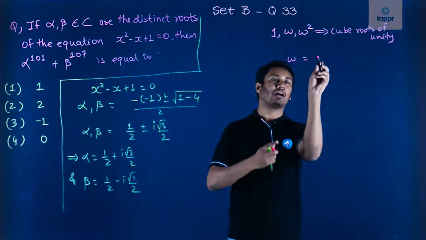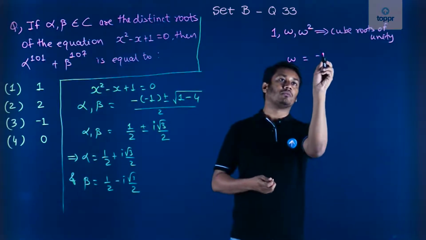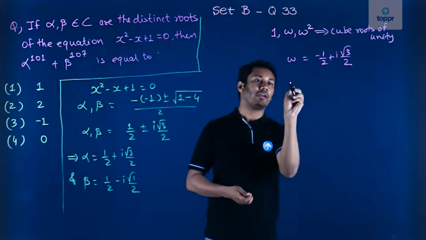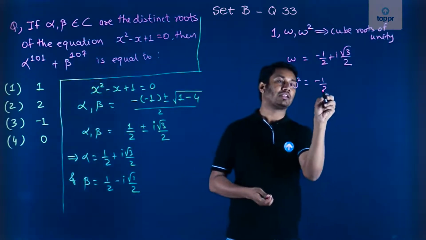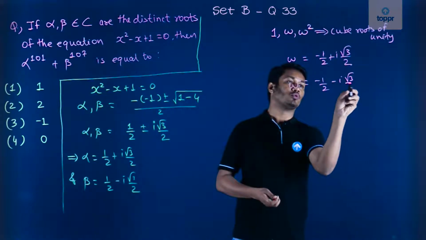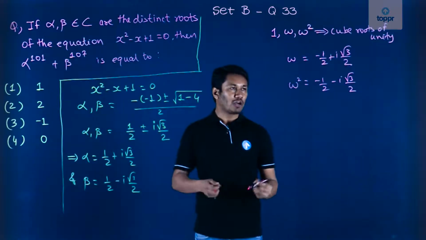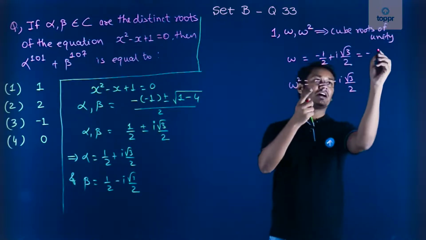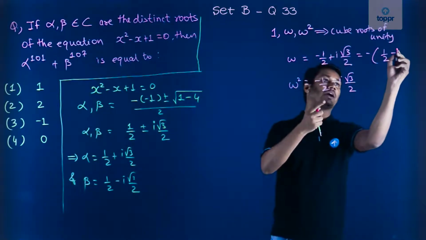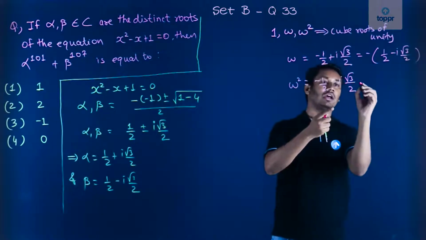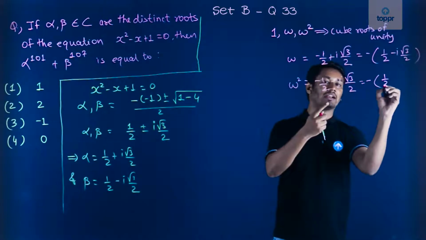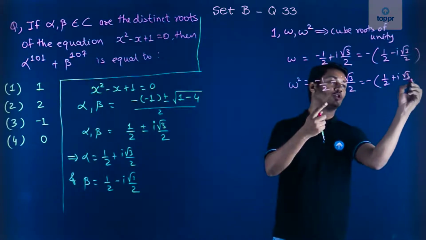We know that omega, let's say, is equal to minus half plus i times root 3 by 2, then omega square will be minus half minus i times root 3 by 2. Now, if I take the minus sign outside, it becomes half minus i times root 3 by 2, and if I take the minus sign outside from the other value, I get half plus i times root 3 by 2.